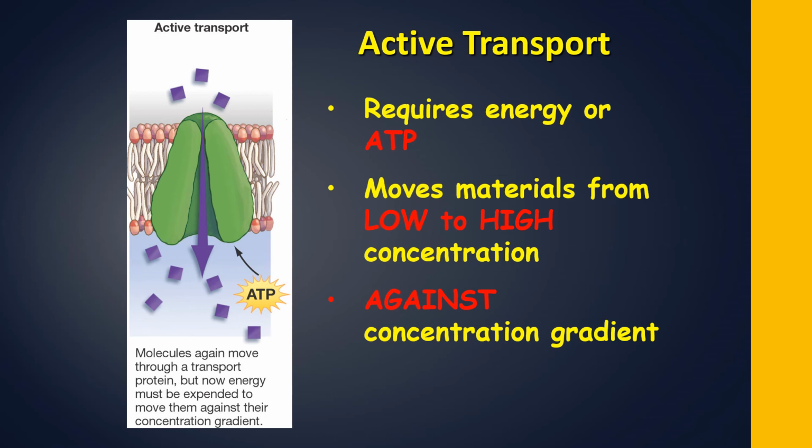In the illustration, you could see how active transport occurs with the aid of what we call the carrier proteins. So the molecules again move through a transport protein, but now energy must be expended to move them against their concentration gradient.